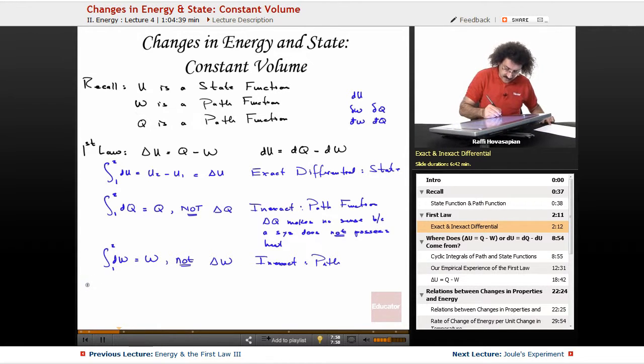Now, notice, here's what's interesting. Q and W are path functions, yet their difference is a state function. That is extraordinary. That is truly amazing.